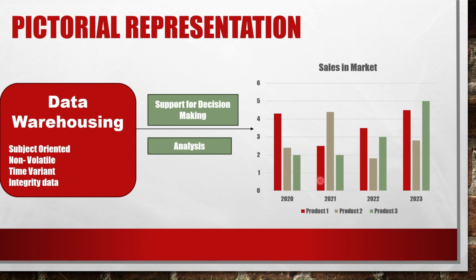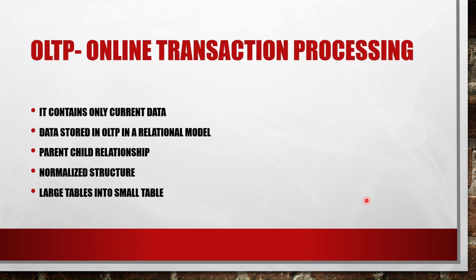Now we should know what OLTP is. OLTP contains the current data and handles limited storage, that is, it saves the data temporarily. The data stored in OLTP is a relational model, like an ER model, that is, a parent-child relationship model.